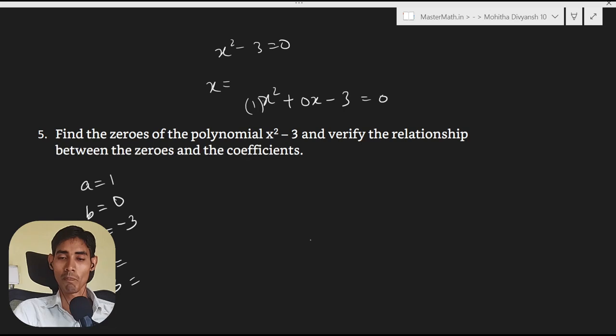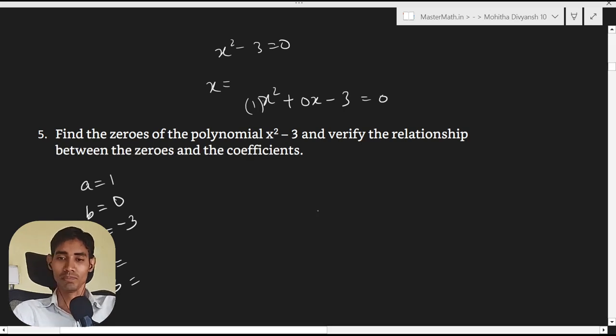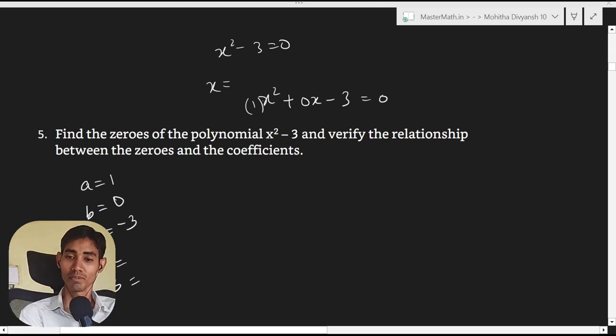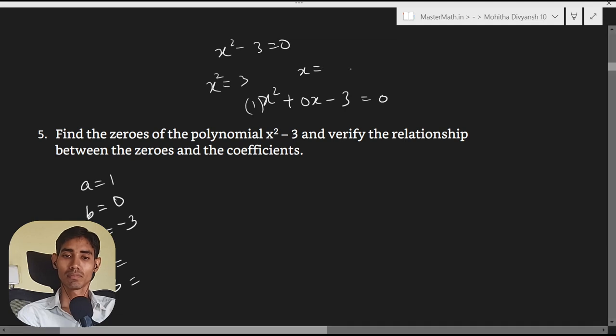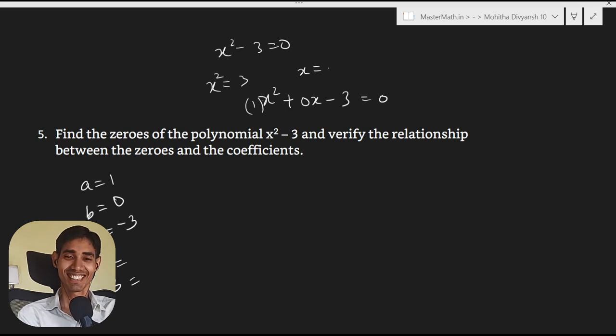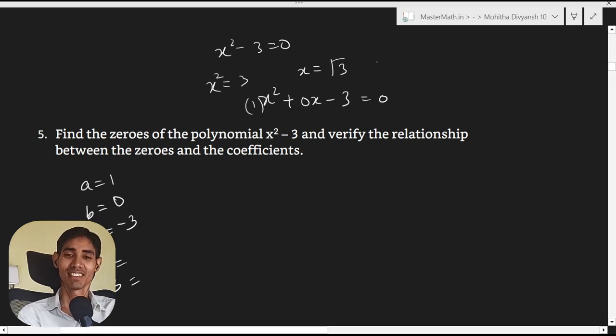So what do we get? X square is 3, so x would be plus minus square root of 3.